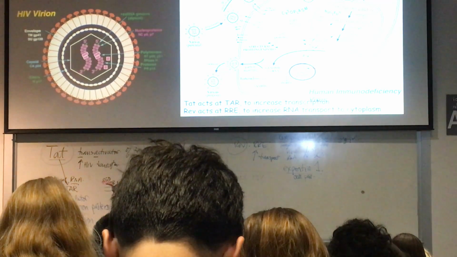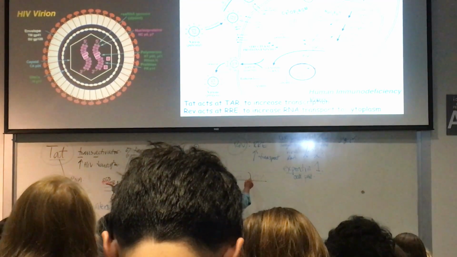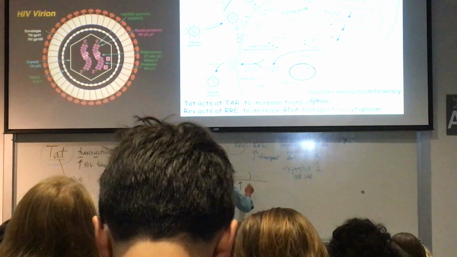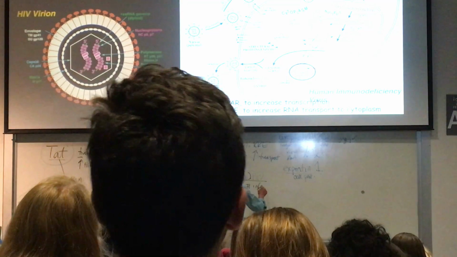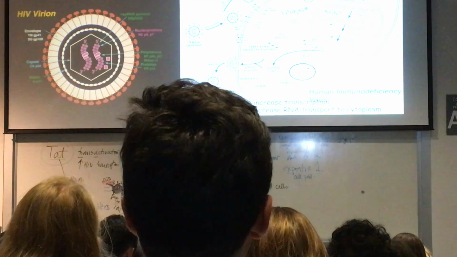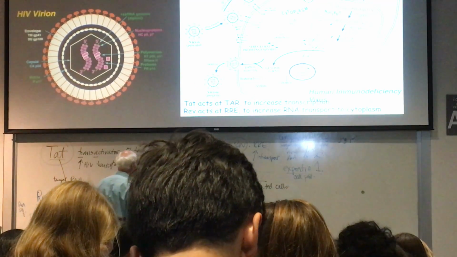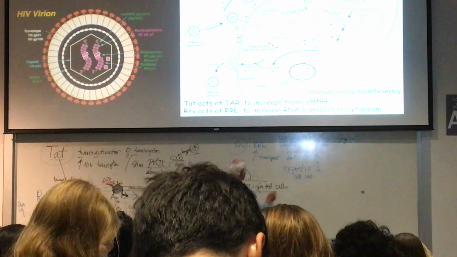So in terms of spread of HIV within the host, spread in the context of increasing the number of infected cells in the system, how can that happen? There are three conceptual ways that this can happen.